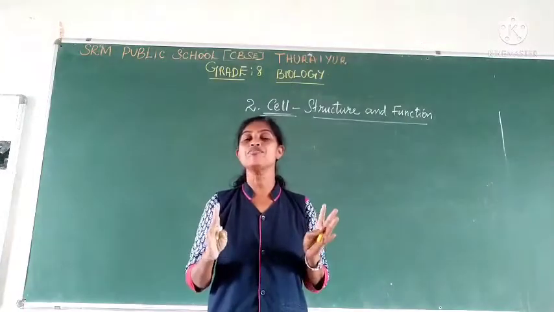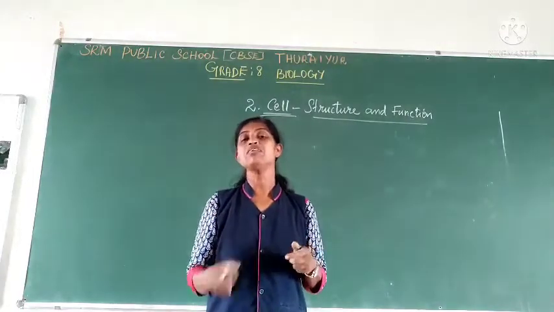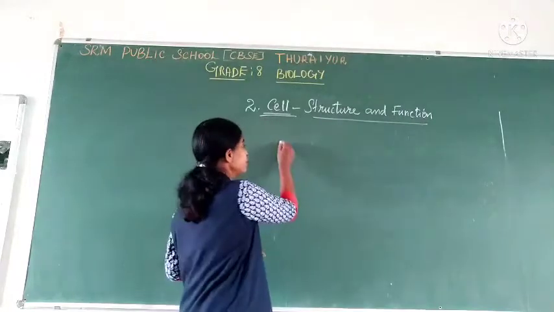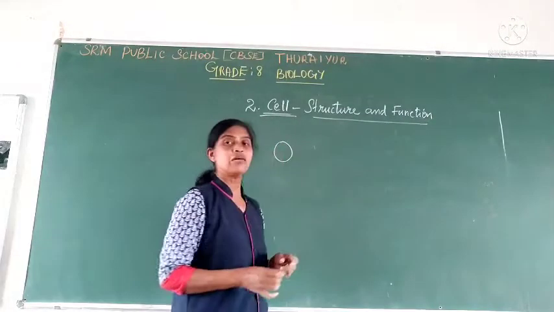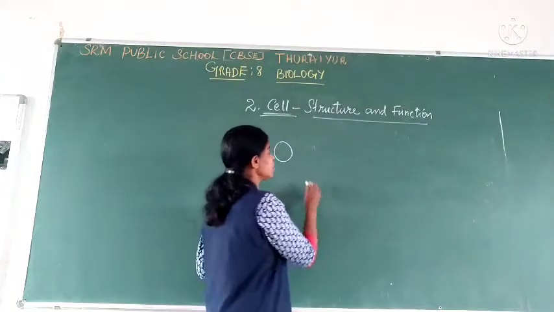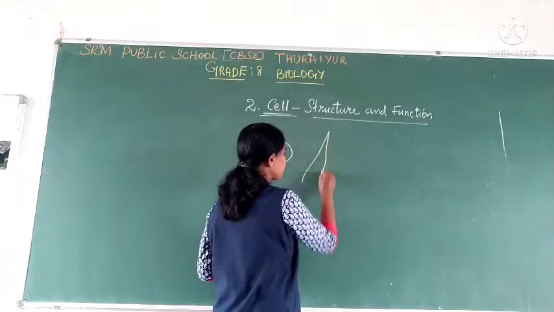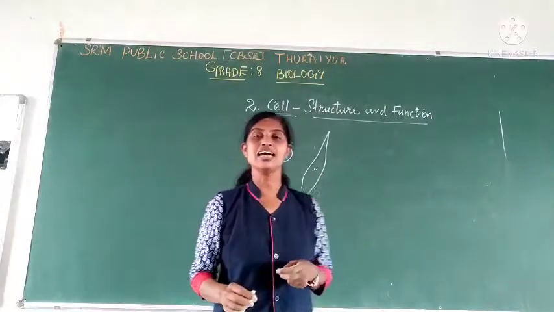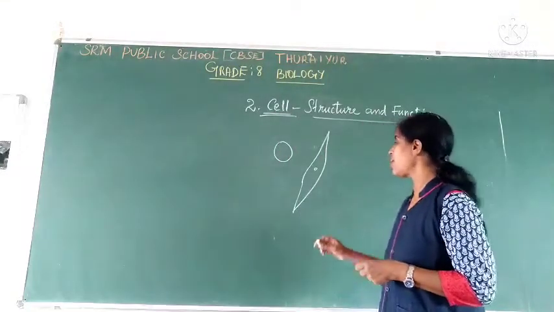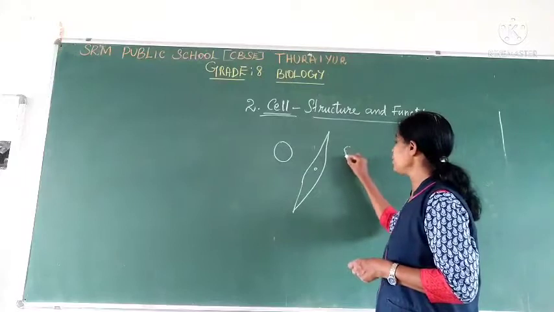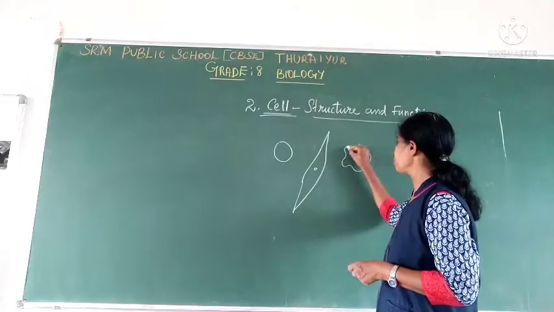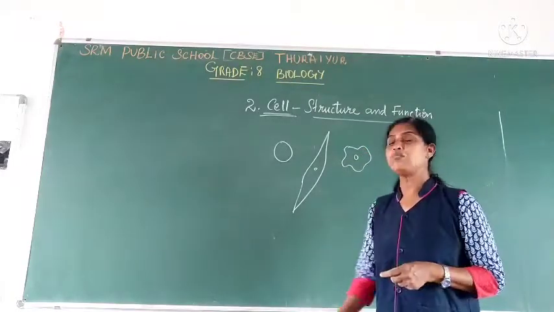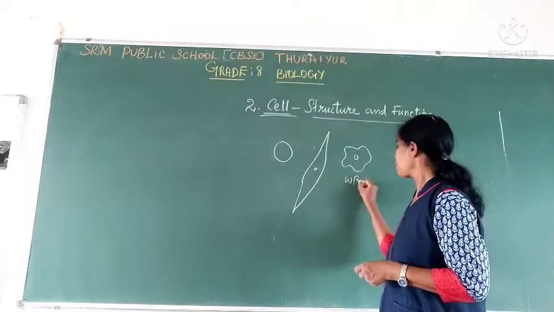Cells have different shapes. Some of the cells are round, for example RBC cells. Some cells are spindle shaped, for example muscle cells. Some cells are irregular in shape, for example WBC cells.